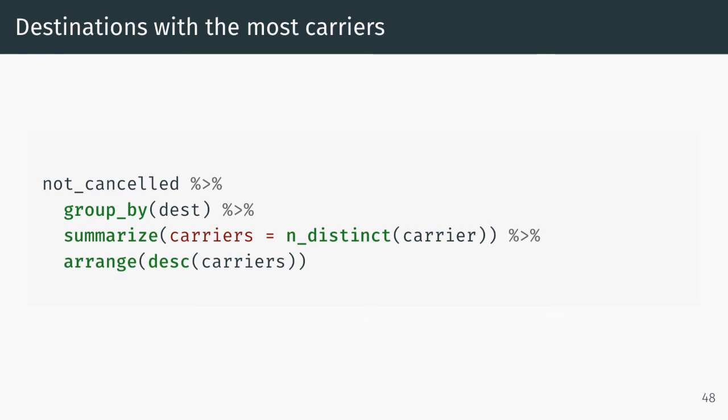We can find the destinations with the most carriers and arrange them by descending carriers. This function just returns unique values. So this is the number of unique values for a particular destination for not canceled flights.